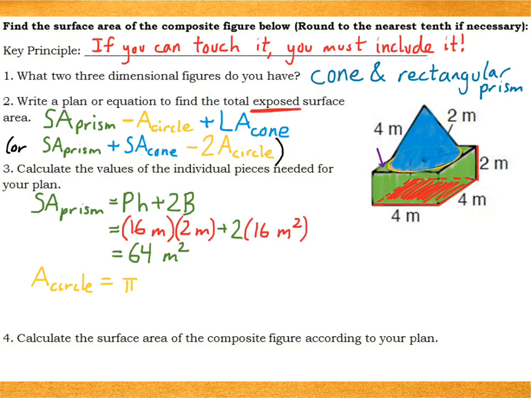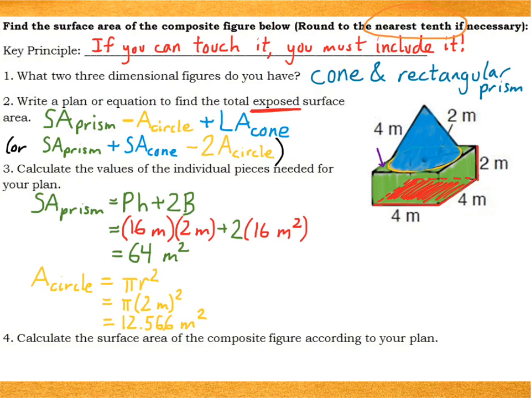Then I need to subtract the area of a circle, so that would be pi r squared. The radius of the cone is 2, so that would be 12.566 meters squared. Now notice that I use 3 decimal places here, and I can actually keep more in my calculator because I've been showing you guys how to use the answer button on your calculator. Okay, even though the directions say round to the nearest tenth.